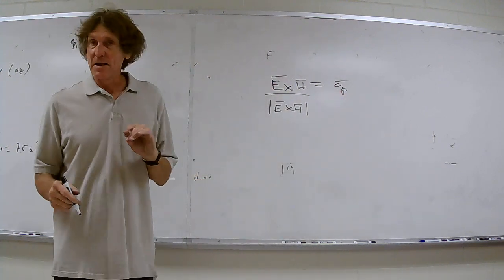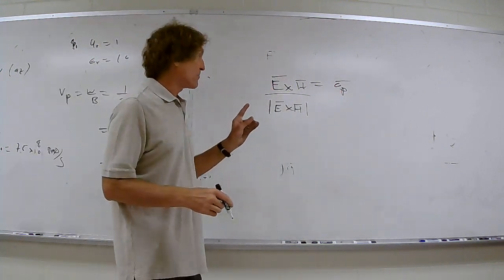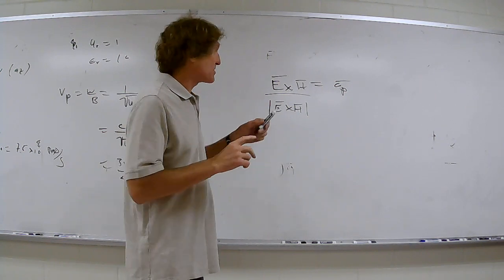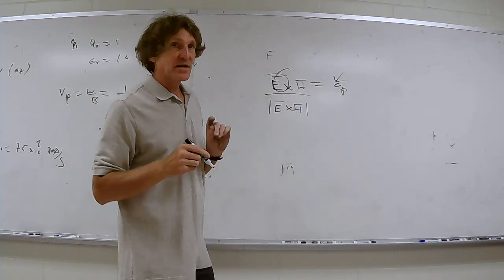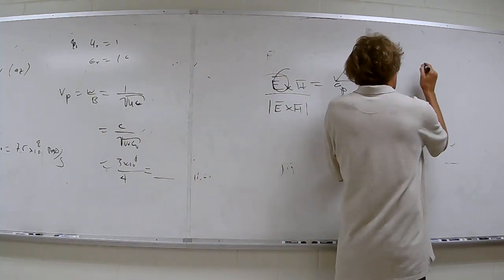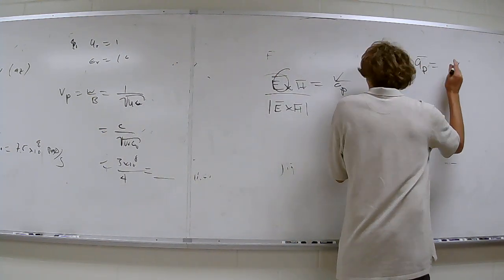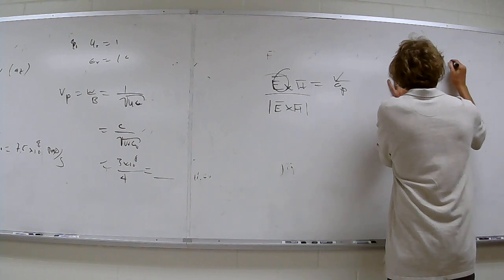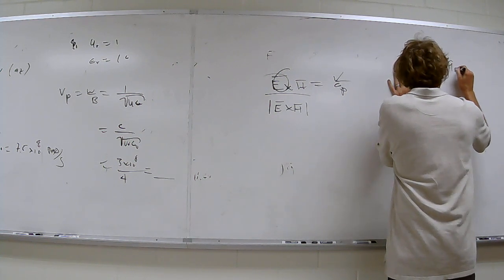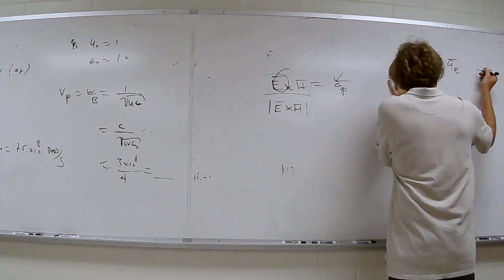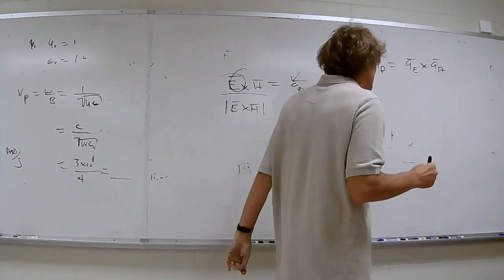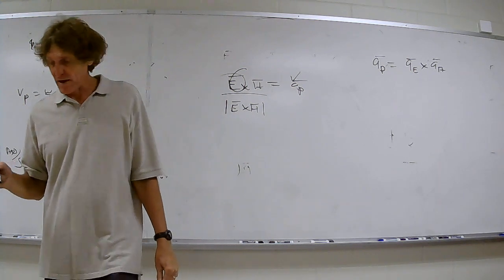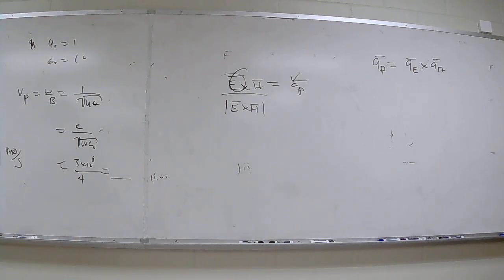If you want to get the direction of H and you know the direction of propagation, you look at the direction of E and you can get it this way. The unit vector in the direction of propagation is a unit vector in the direction that the E field is polarized, crossed into a unit vector in the direction the H field is polarized. That will always give you, for a plane wave, the direction of propagation.